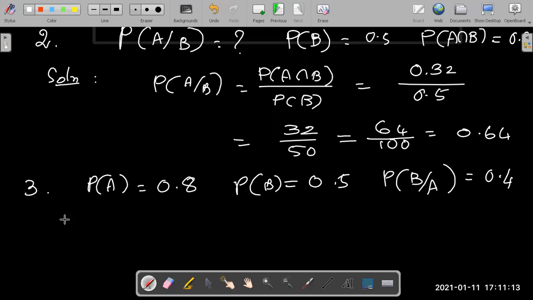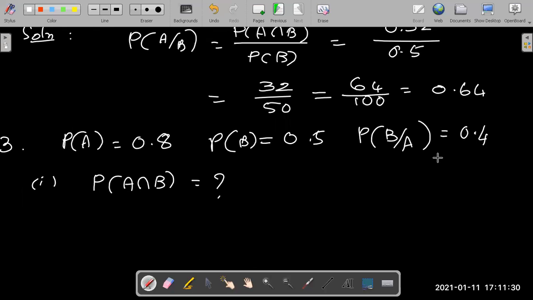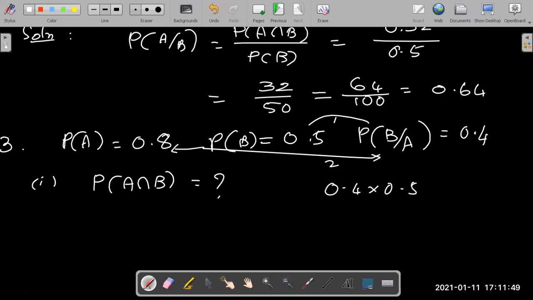First, we are asked to find the probability of A intersection B. Which one should I use? First one. So 0.4 multiplied by 0.5, you will get 0.2.